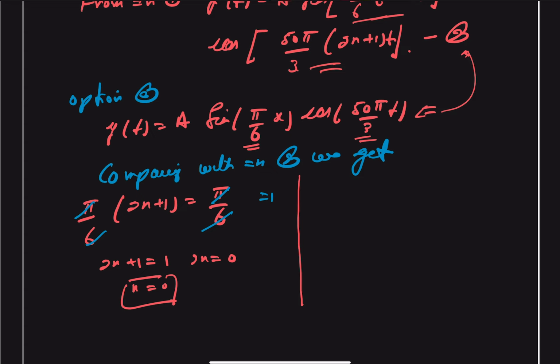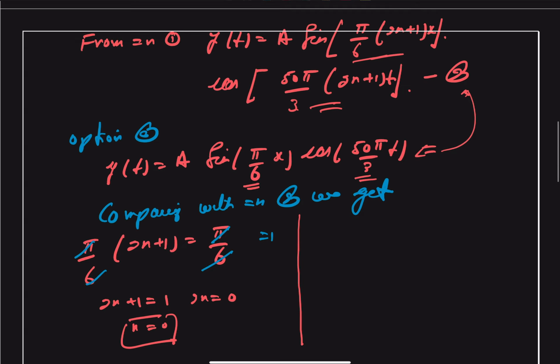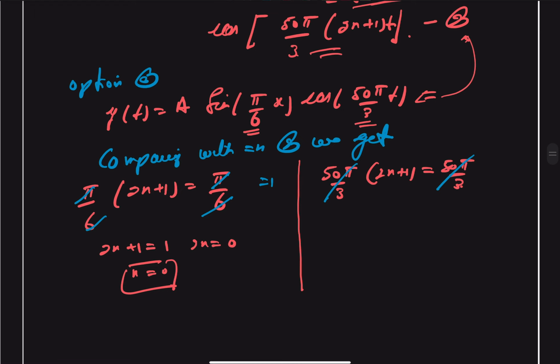Let us try the second part, which is 50 pi by 3, 2n plus 1, and that is equal to 50 pi by 3. This entire term cancels out, and we get 2n plus 1 is equal to 1, which gives us 2n is equal to 0, or value of n is equal to 0.